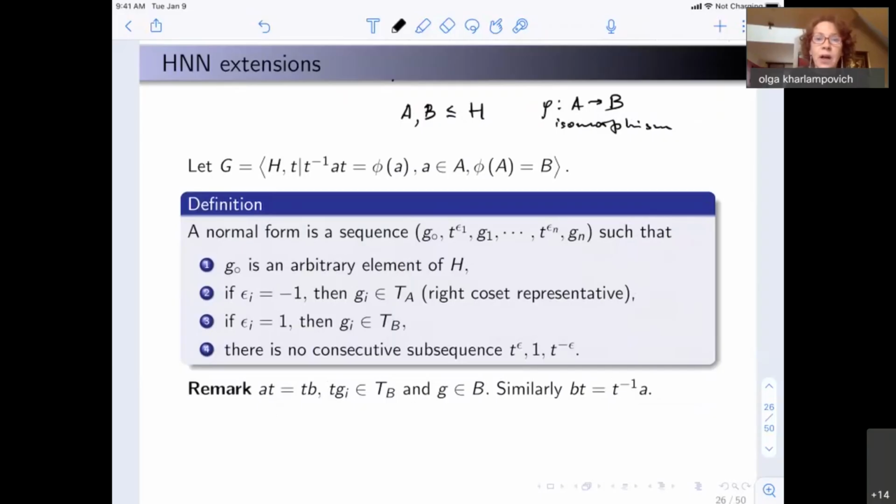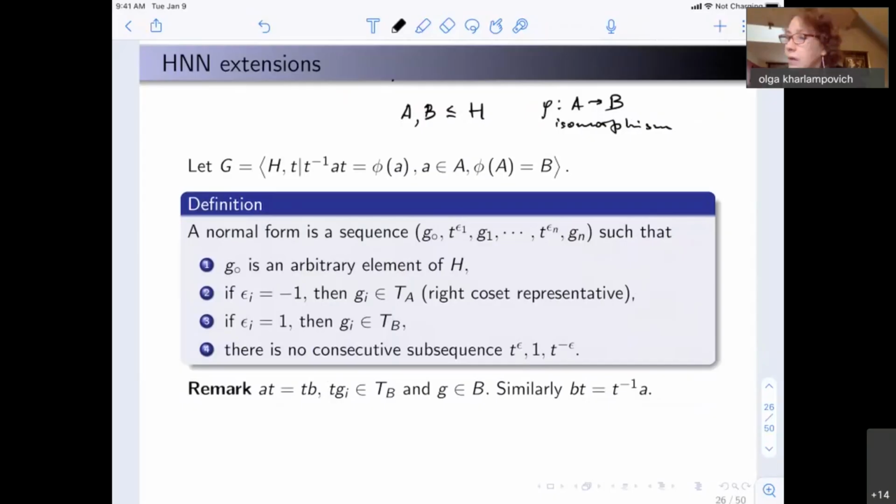And then in this group, like in amalgamated products, elements have a very nice normal form. The normal form is again an alternating sequence of g0 t^epsilon1 g1 ... t^epsilon n gn, with epsilon i equal to plus or minus 1. Okay, g0 is an arbitrary element in H, but g1 to gn are again right coset representatives.